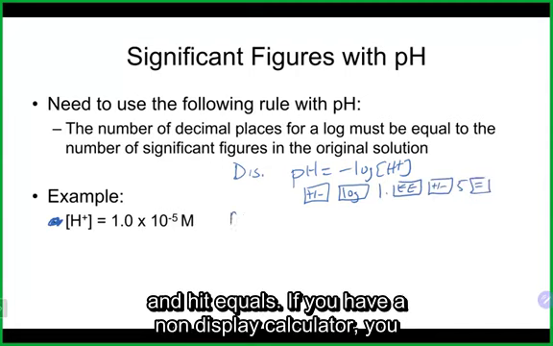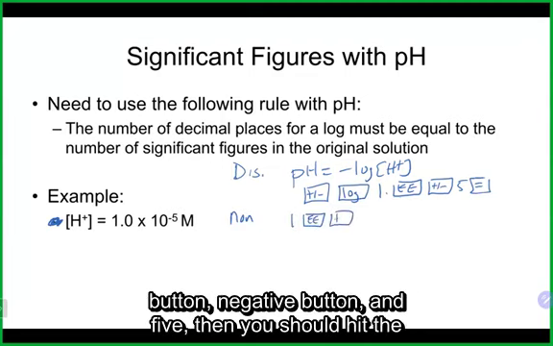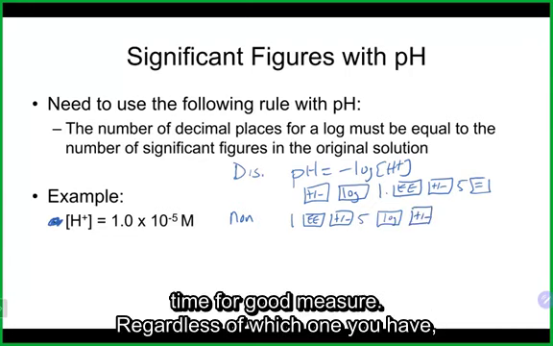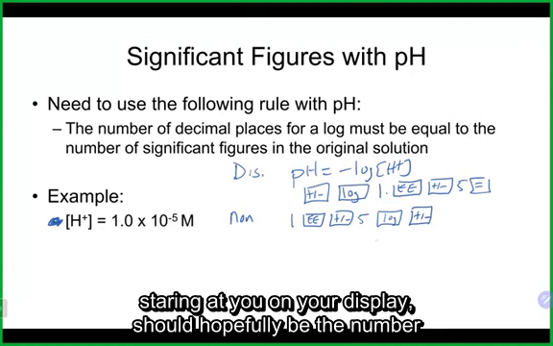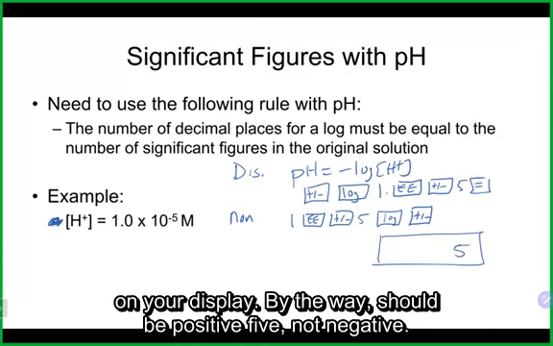If you have a non-display calculator, you should go with the number first, which would be 1, exponent button, negative button, and 5. Then you should hit the log button, and then you should hit the negative button one more time for good measure. Regardless of which one you have, staring at you on your display should hopefully be the number 5.